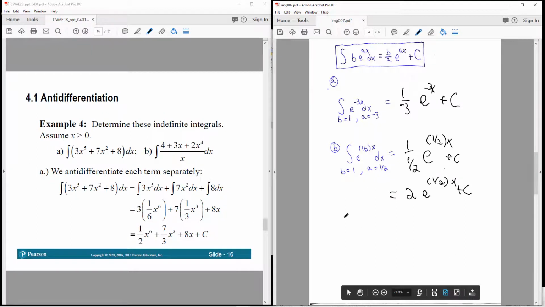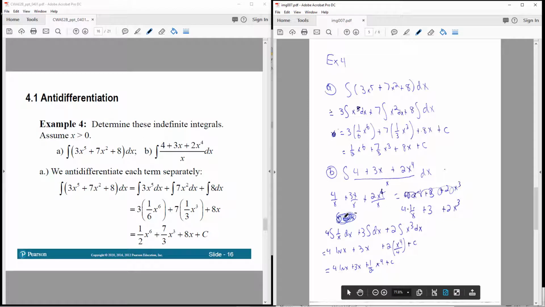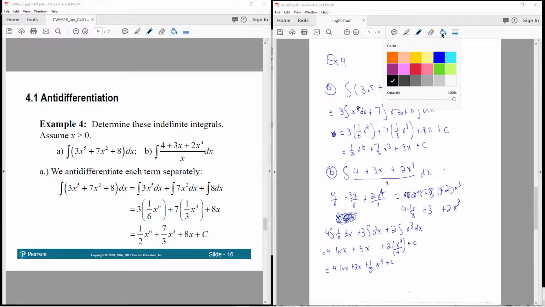And here's another example here. So before I integrate this one, I divide it up into parts. So I break this up into pieces. That's one piece. That's another piece. And that's another piece.